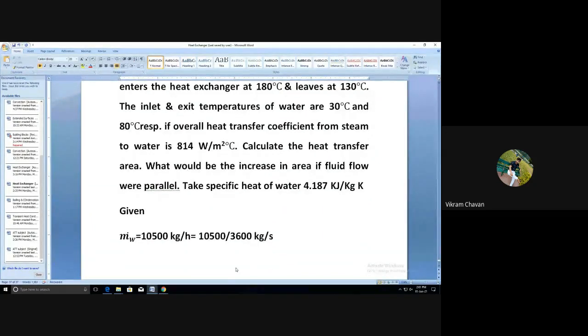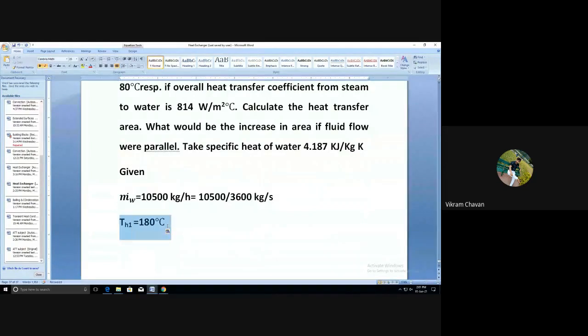Then we have the temperature T suffix H1, the temperature of the hot fluid, which is equal to 180 degrees Celsius. Then TH2 is 130 degrees Celsius.